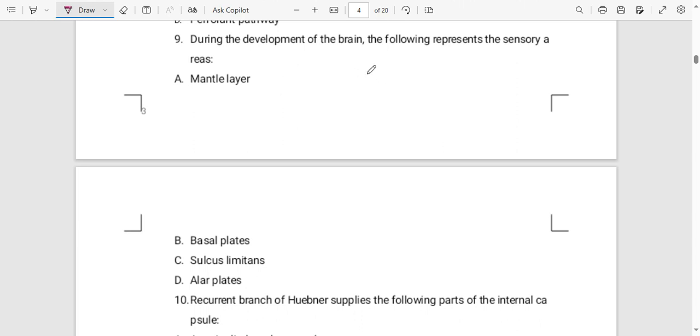So we have formed our neural tube. This is our neural tube, and this is formed in which week? Week 3, during neurulation. When you form the neural tube, you can see this space here.